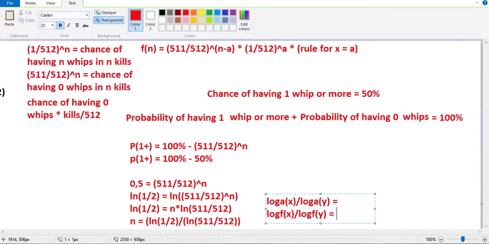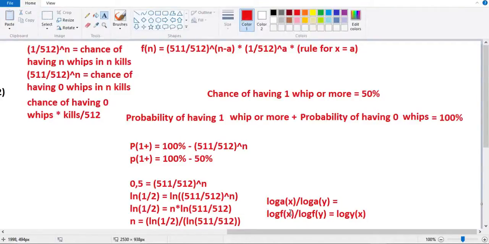And it's also equal to log in base y of x. Whatever constant you use for your logarithm, we are using e, as ln is log in base e, you will always get the same.